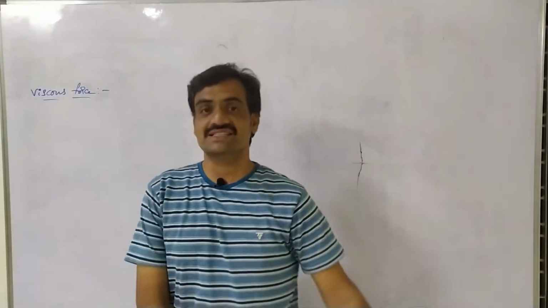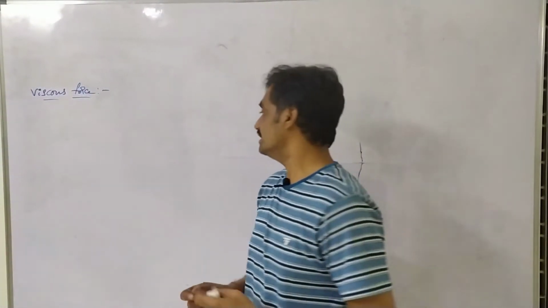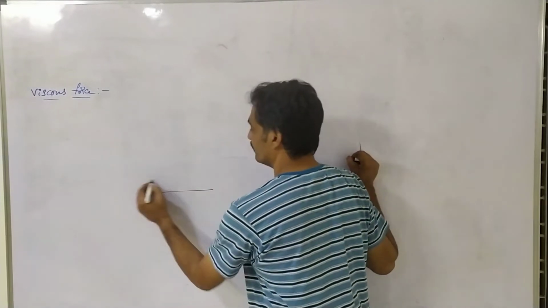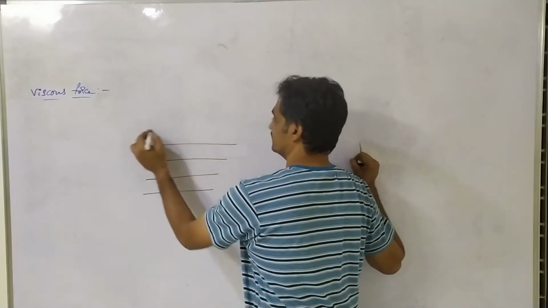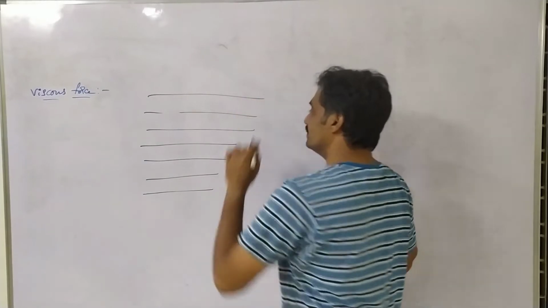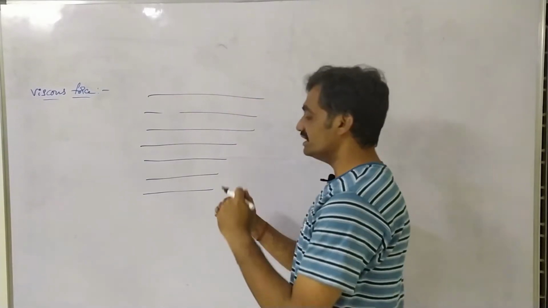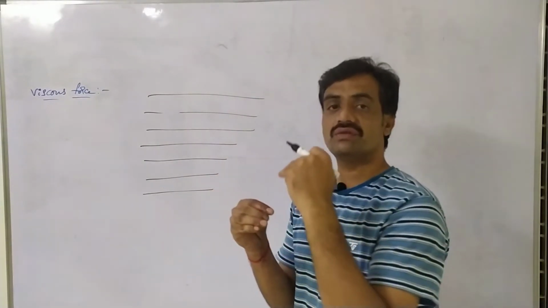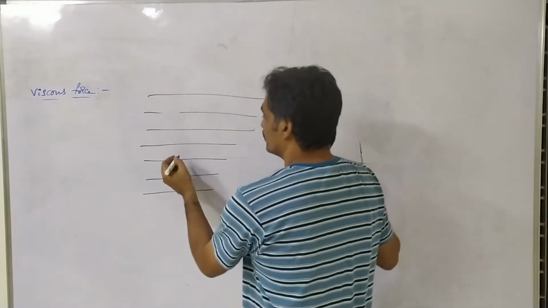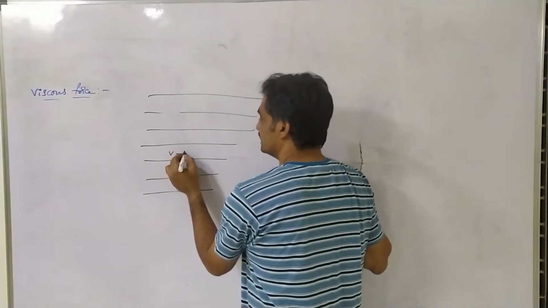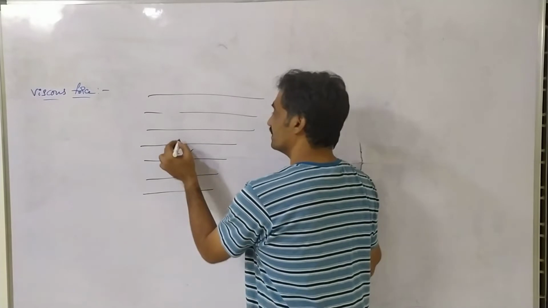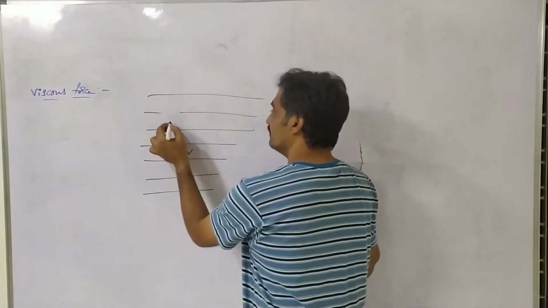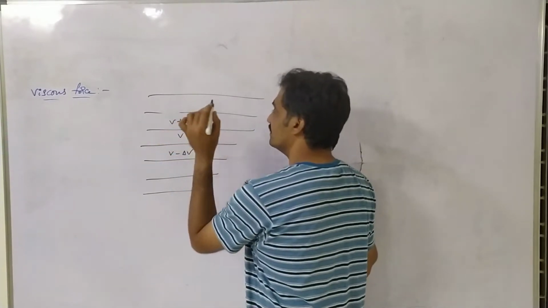Now we are going to discuss viscous force. When we consider a fluid in the form of layers, as the fluid flows in the forward direction, every layer possesses a different velocity. I am going to consider the velocity of this layer as v minus delta v, the velocity of this layer as v, and the velocity of this layer as v plus delta v.